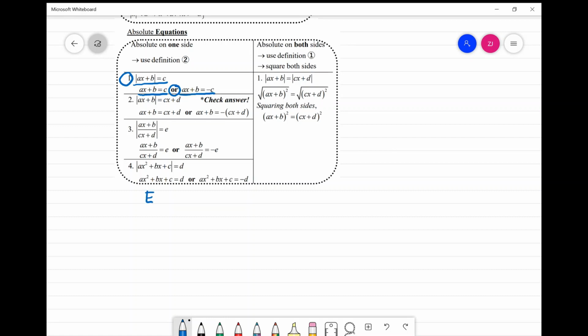So let's try to see an example. If you have absolute of 3x plus 5 equals 3, we may solve this absolute equation by using the definition. We split into 2, so 3x plus 5 equals 3, or 3x plus 5 equals negative 3. Based on the definition, we have one positive and one negative.